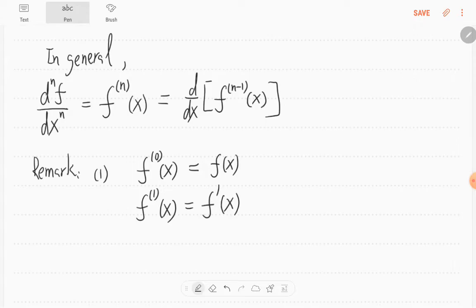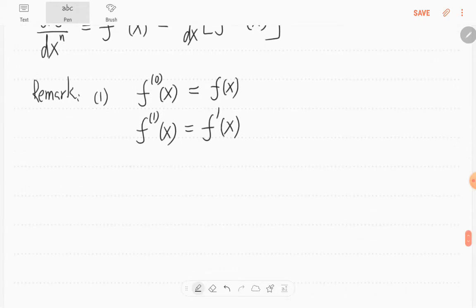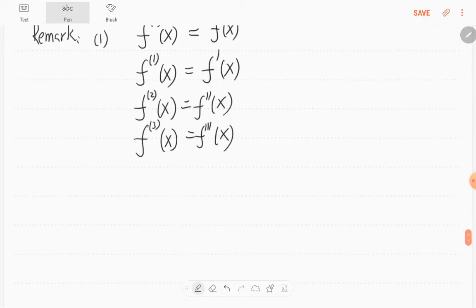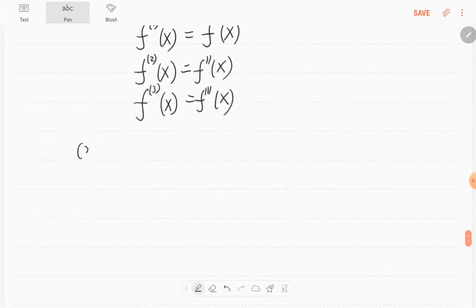The same with the second derivative, which is f double prime, and the third derivative, which is f triple prime. After 3, we always use a number to denote the order of the derivative.